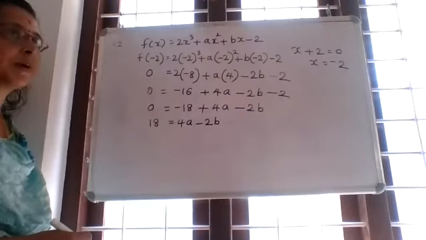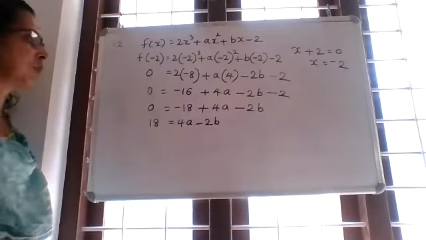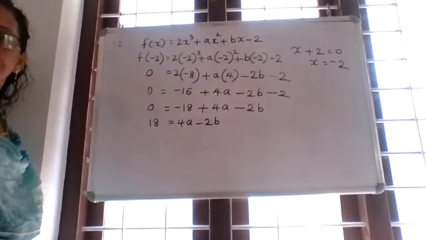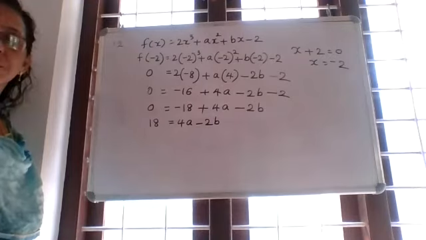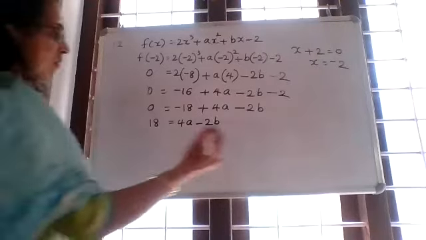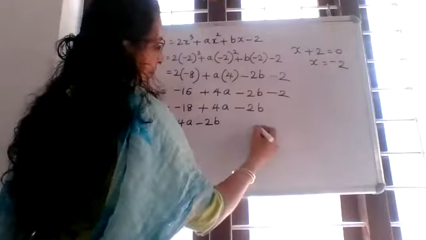Do we want to divide by 2 or not? What about the first equation? Tell me, the first equation, what we got? First equation is 3a plus 2b is equal to 3.